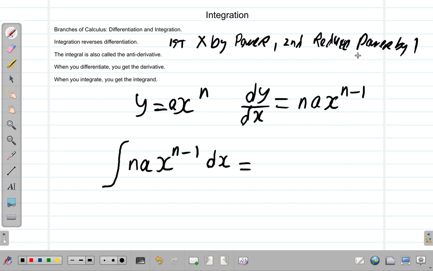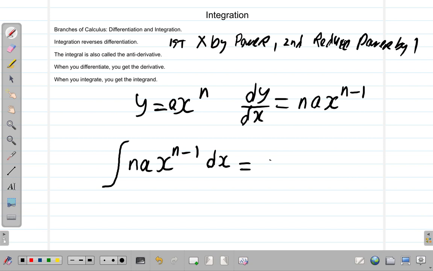You ended differentiation by reducing the power by 1. What you will do is increase the power by 1 now. And you do that first. All right, so you don't reduce now, you increase, and what you did second in differentiation, you do first in integration.